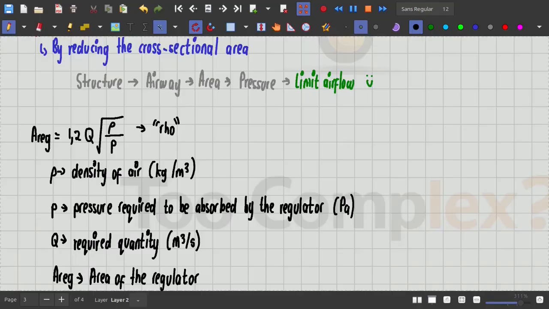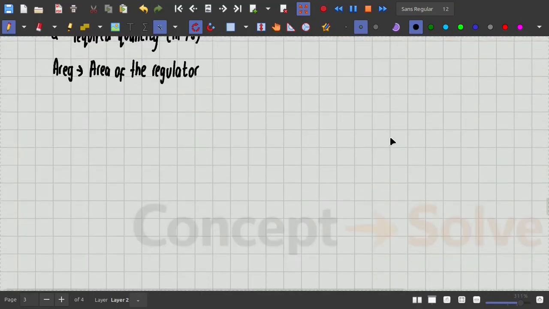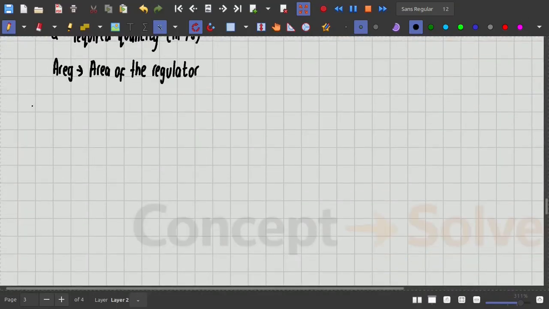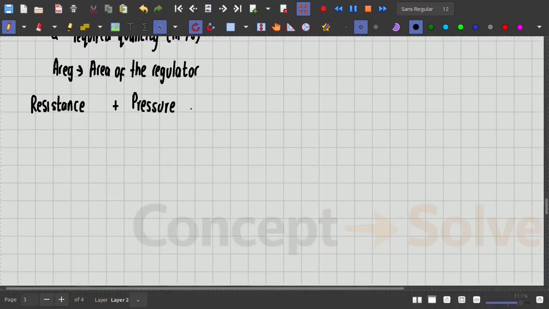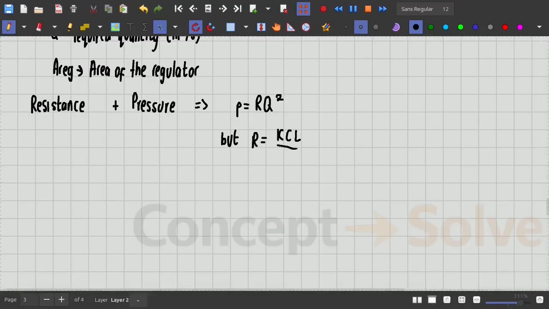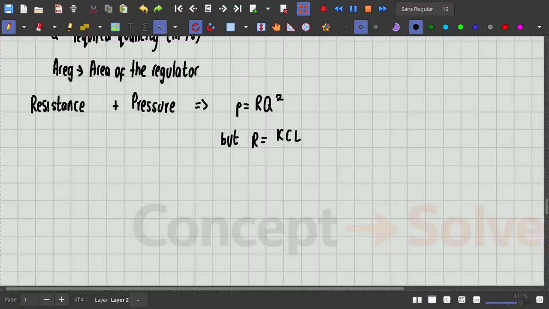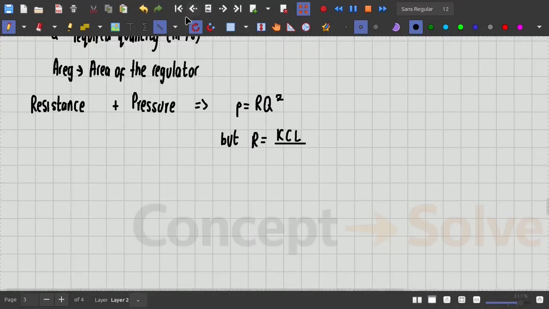From the previous video, we spoke about the formula of resistance as given by Atkinson, and the relationship between the pressure and the volumetric airflow, or the air quantity, as P equals R Q squared. At the same time, R can be calculated as K C L over A to the power 3 times rho over 1.2.